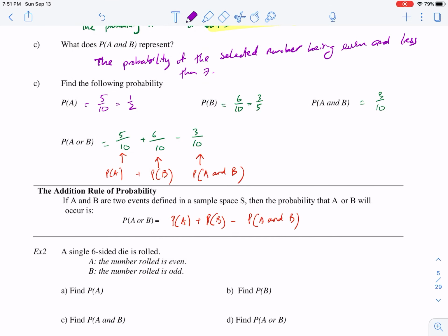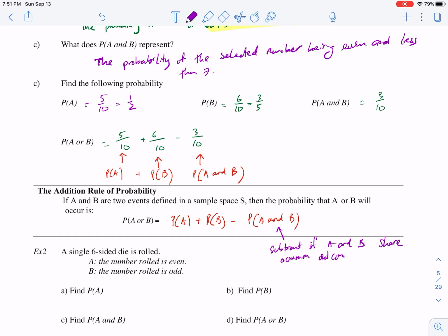And if we double count, meaning we subtract if A and B share common outcomes.